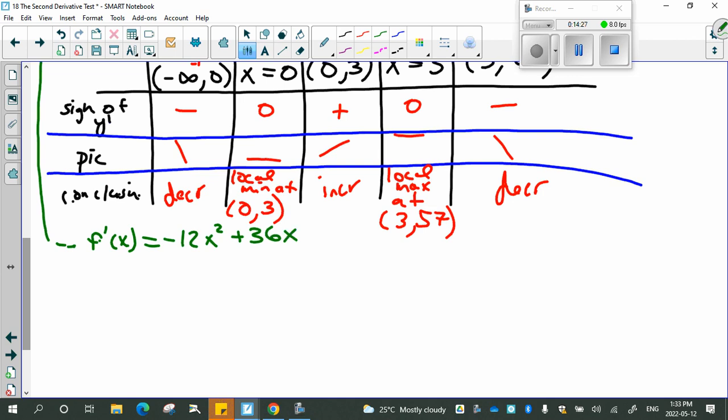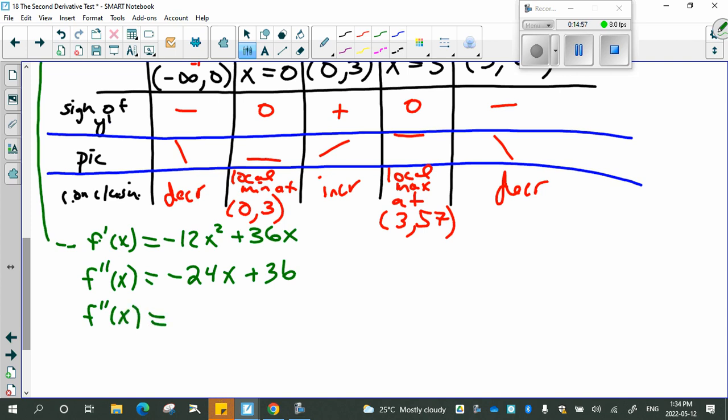Okay, so now we want to find f double prime at x. So taking the derivative of the derivative, what's that going to give me? Negative 24x plus 36. Then I'm going to try to put it into factored form.